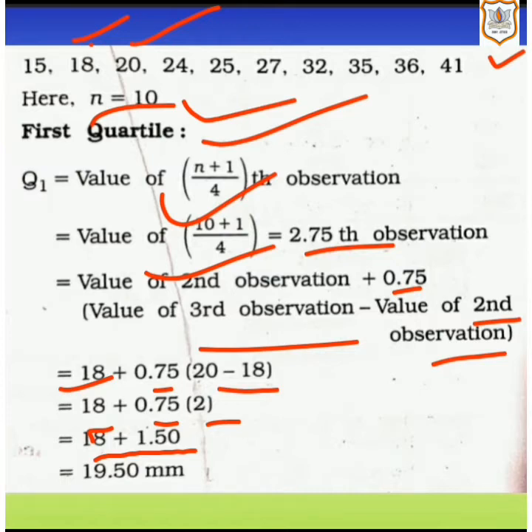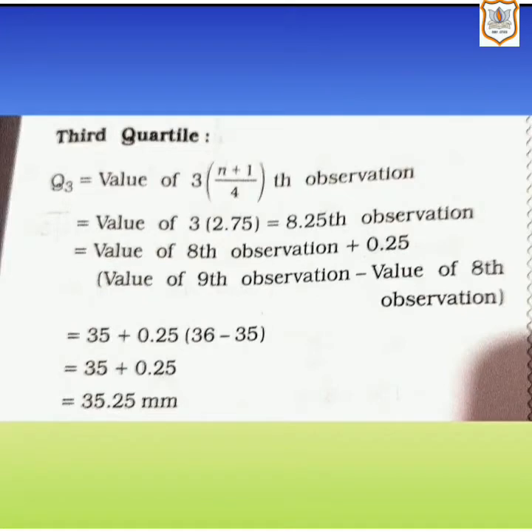Now let's find Q3. Third quartile, and as it is ungrouped data, the formula will be 3 times n plus 1 divided by 4. So n is 10, 3 into 10 plus 1 divided by 4, that is 3 into 2.75, which gives 8.25th observation.